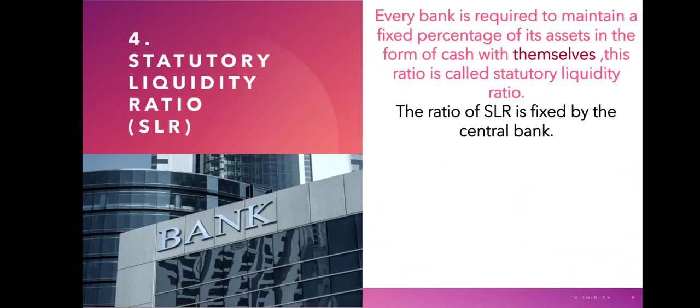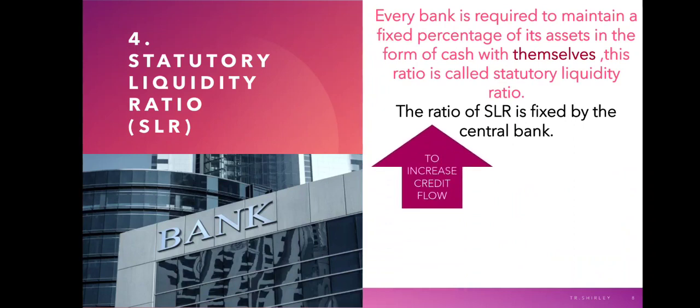The fourth quantitative measure is statutory liquidity ratio, or SLR. Every bank is required to maintain a fixed percentage of its assets in the form of cash with themselves. This ratio is called the statutory liquidity ratio. The SLR is always fixed by the central bank.